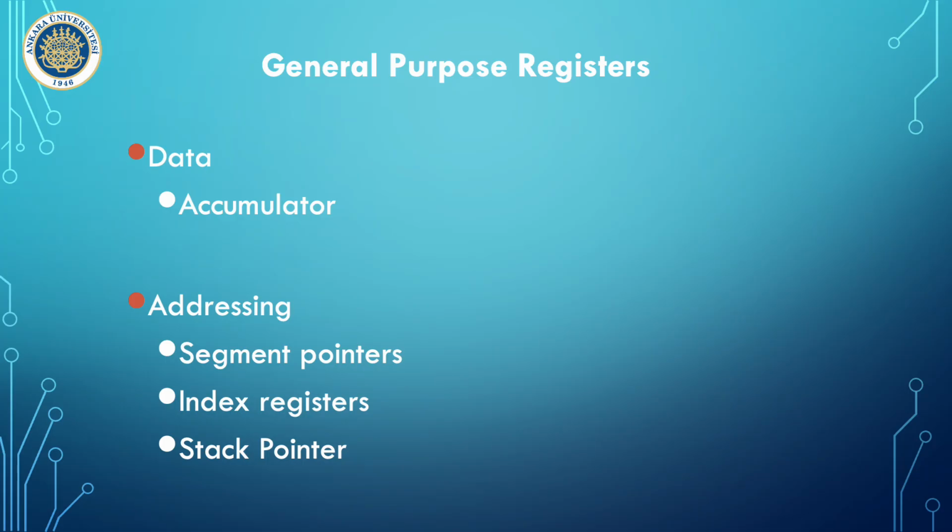The stack pointer is a special register that marks the top of the stack, which is used for procedure calls, local variables, and return addresses. Together, these registers make data access and manipulation more efficient than always going to main memory.